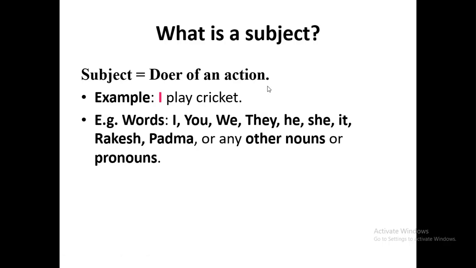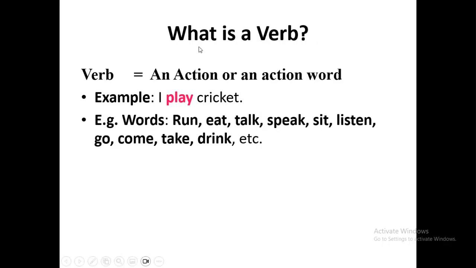Now let us try to understand what a verb is. The verb is an action. Whatever work we do is called a verb. So a verb is an action word.